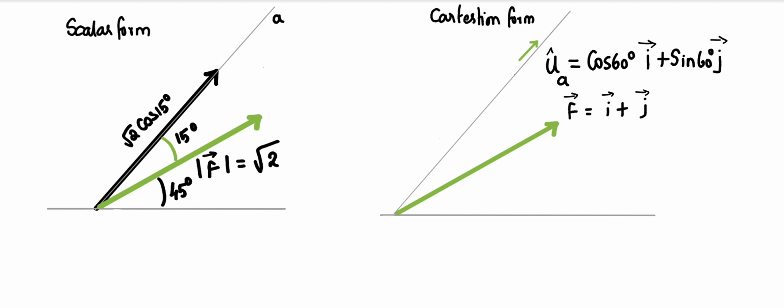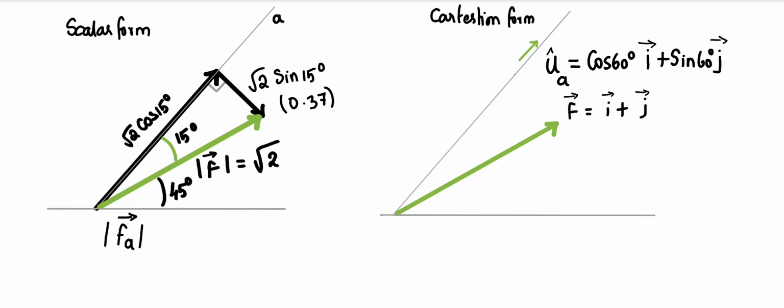If I want to find the perpendicular force, you can see here I resolve to find the component along A and perpendicular to A. I complete this triangle, so I can state this value is root 2 sine 15 degrees. This way, for a given scalar form, I can resolve it into two component forces. So let's speak in formula format.